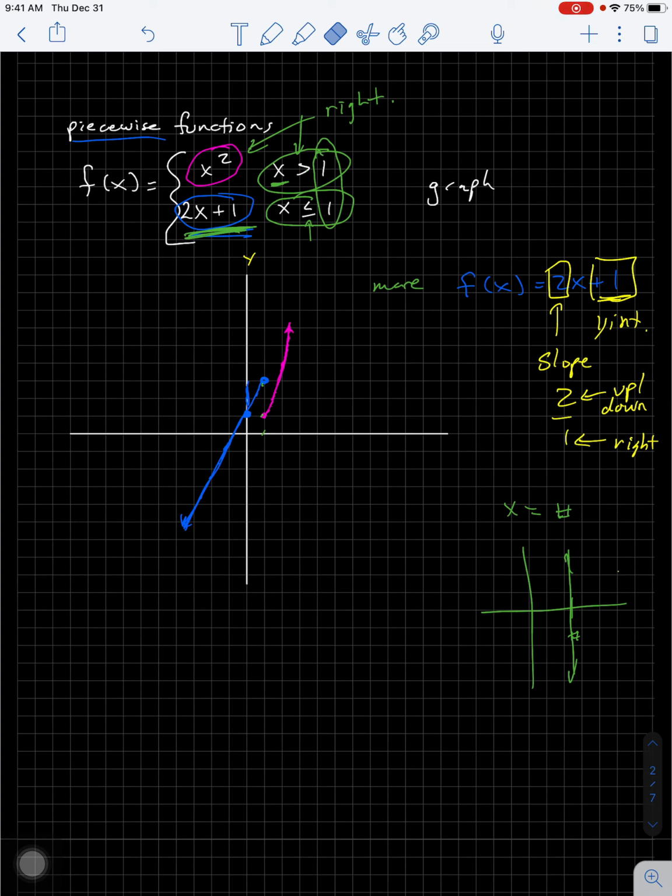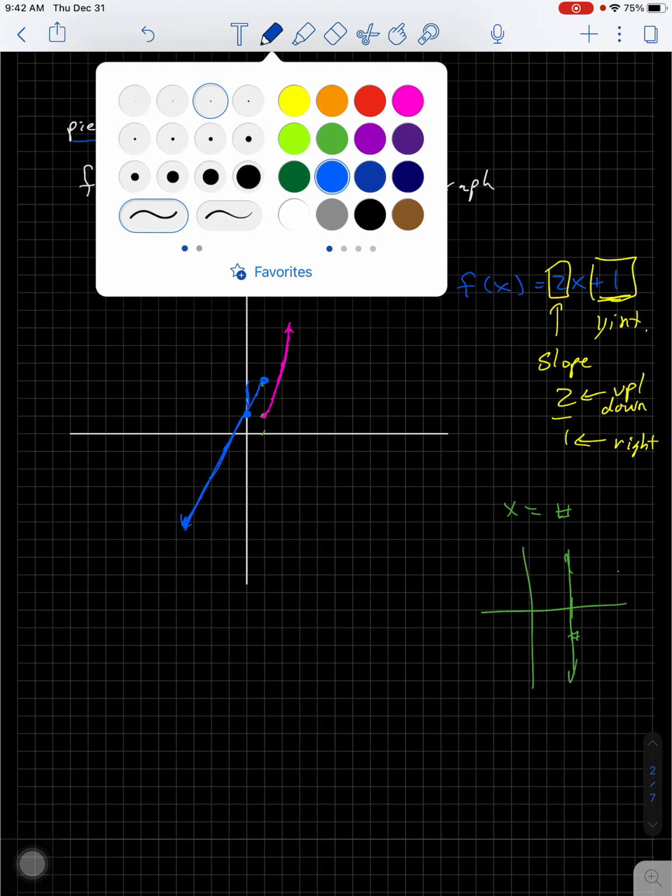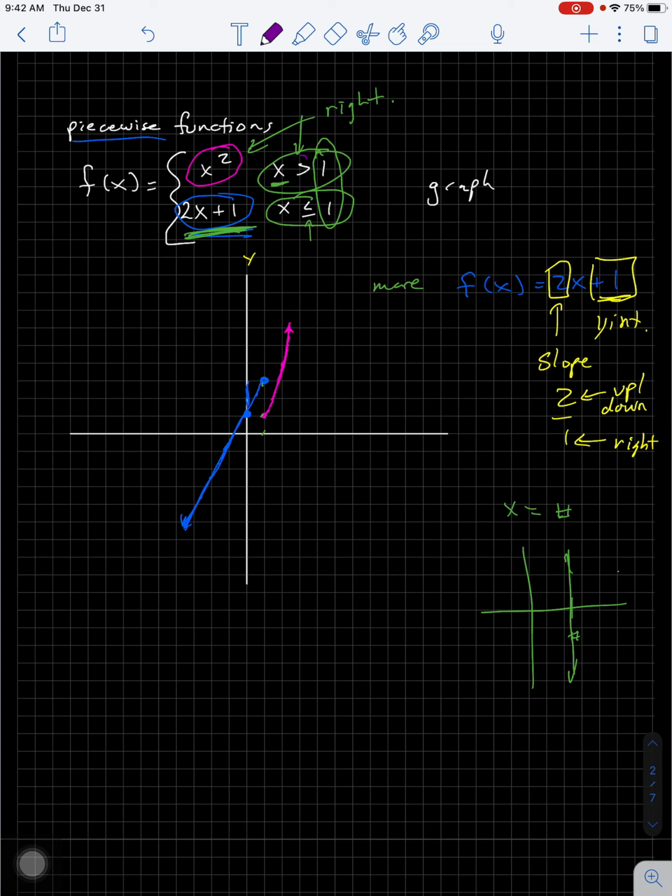Now there's one more detail that you need to pay attention to, and that is this is a greater than sign, and this is a less than or equal to sign. So this line under it means that this is a closed hole, and this one not having the line under the inequality means this is an open hole.